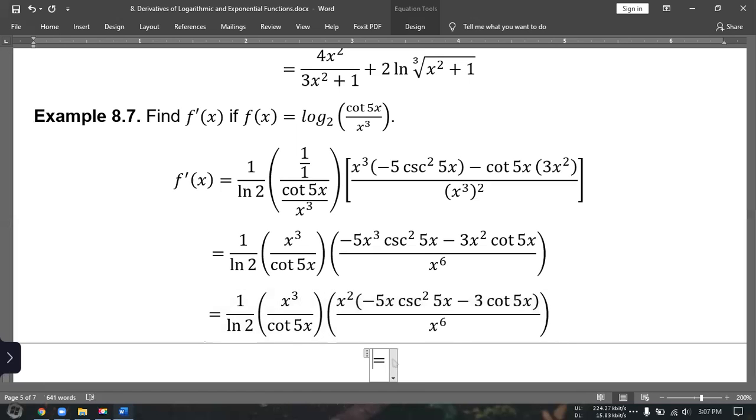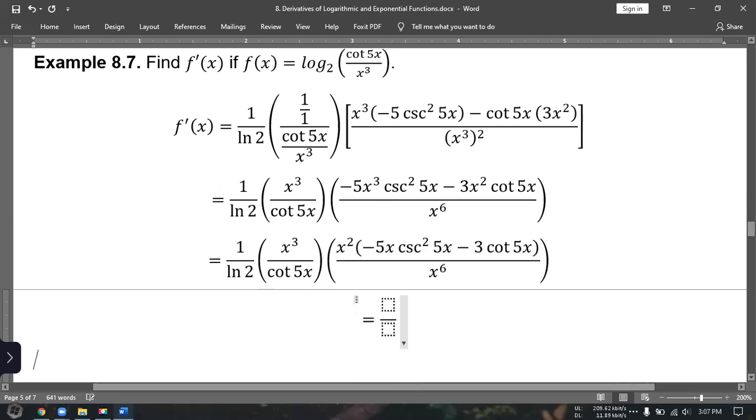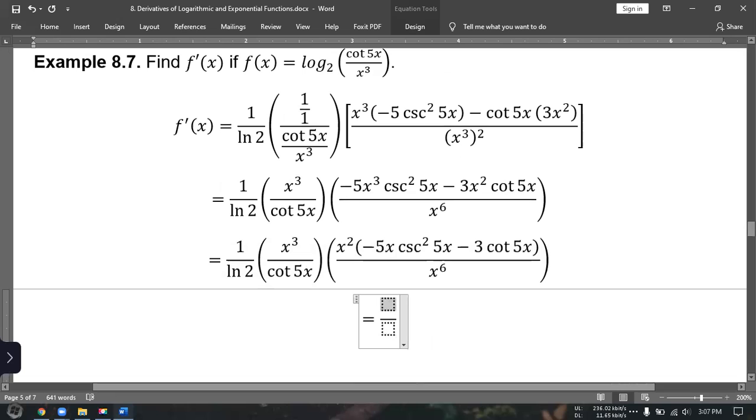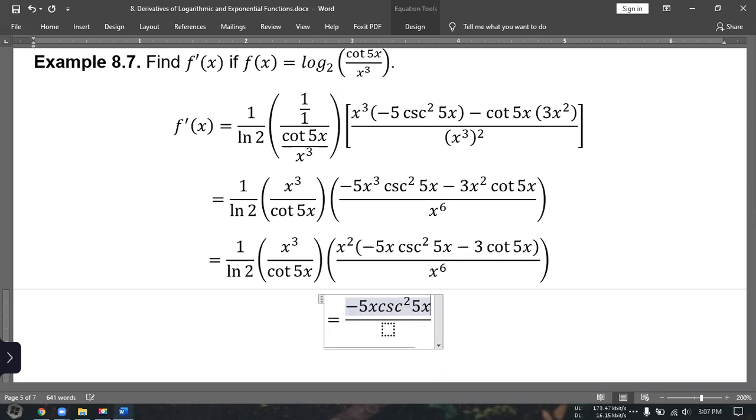We have now negative 5x cosecant squared x minus 3, over x na lang matitira.